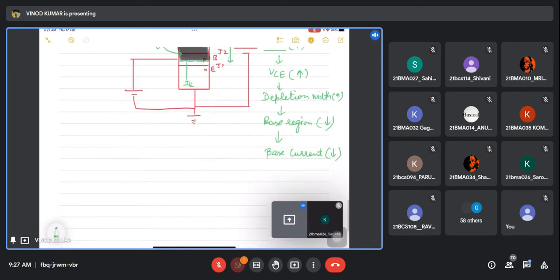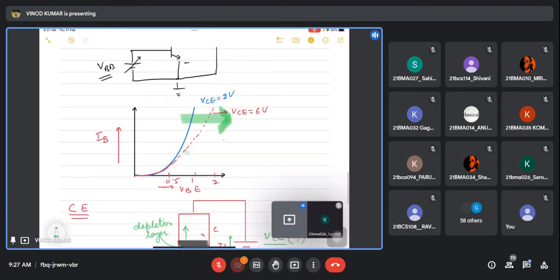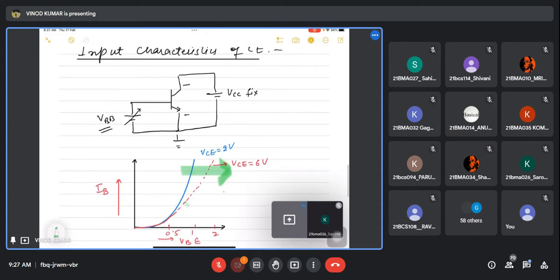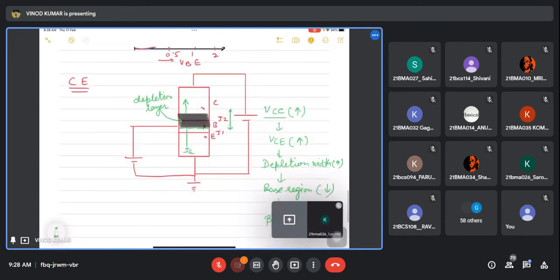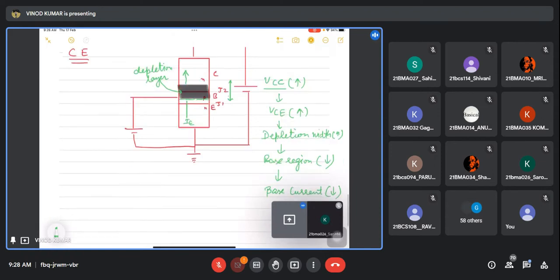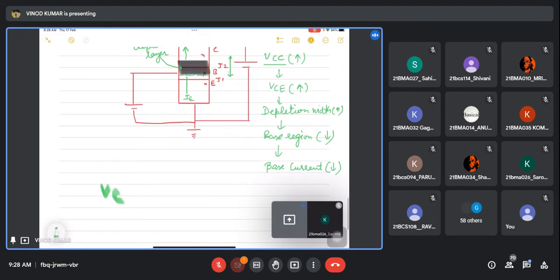So that is how the input characteristics are going to vary by increasing this value. Generally, we are keeping it fixed, but if the fixed value is higher, that is what it means. If you increase it a lot, this VCB is increased a lot.